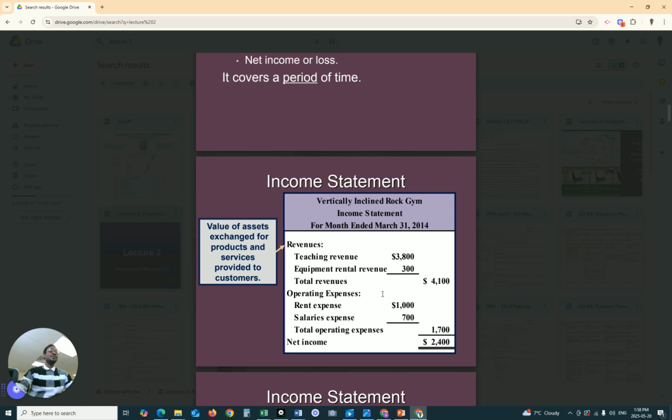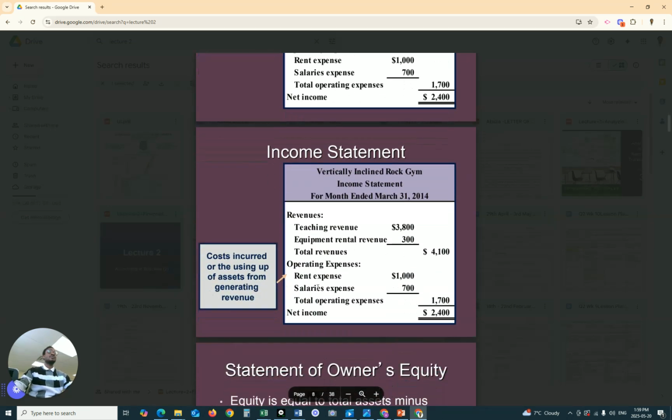Those revenues less expenses, such as rent expense, wages and salary expense, transportation expense, communication, advertisement, and other operating expenses, would be deducted from the revenues to get the net income. Costs are incurred, as was said earlier. Revenues are earned.